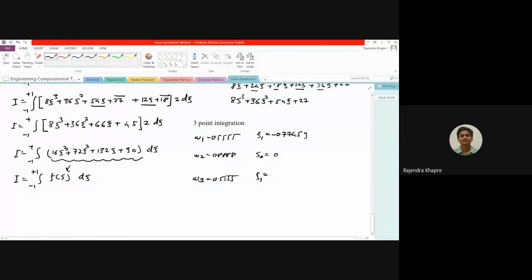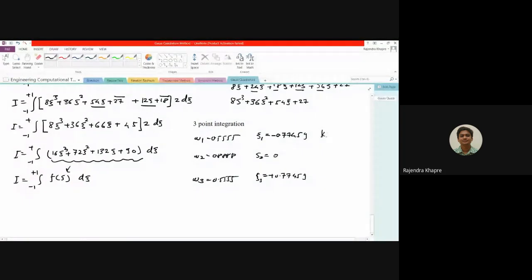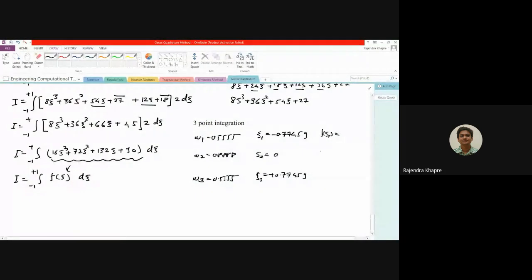Okay. Now just give me the value of f of xi1, and then f of xi2, and f of xi3. That's it. Where f of xi is this, we have already written: f of xi is 16 xi cube plus 72 xi square plus 132 xi plus 90.